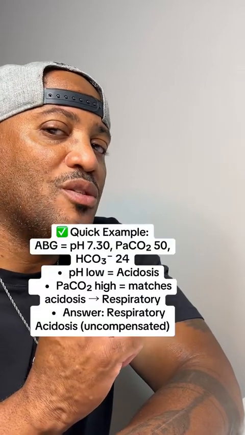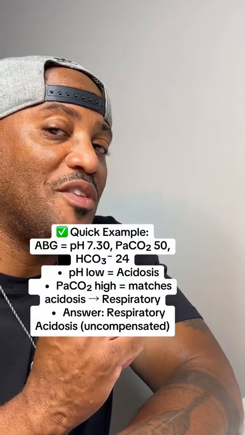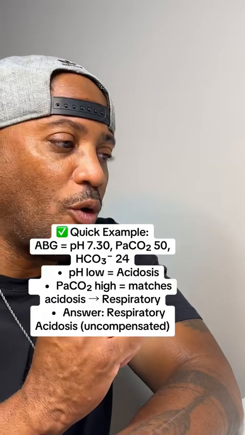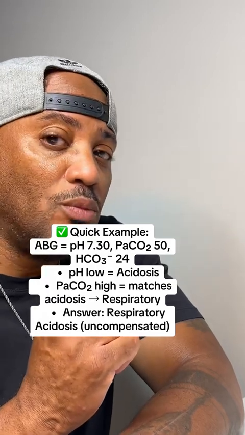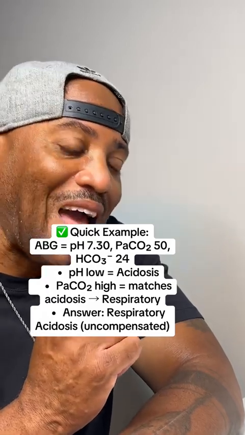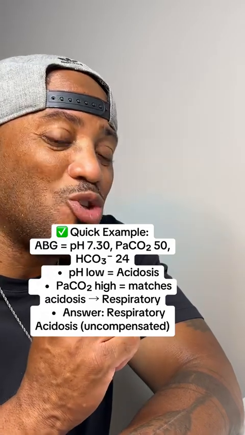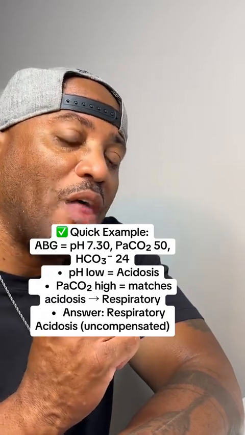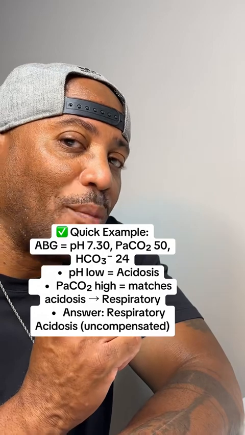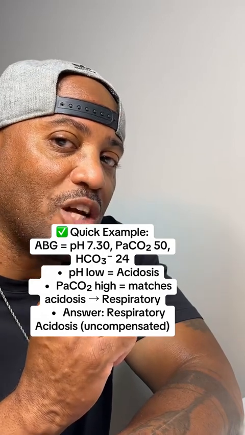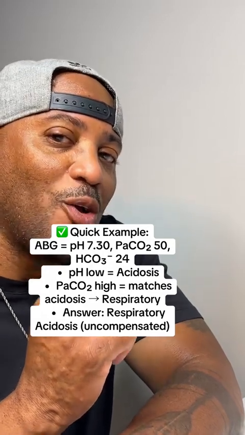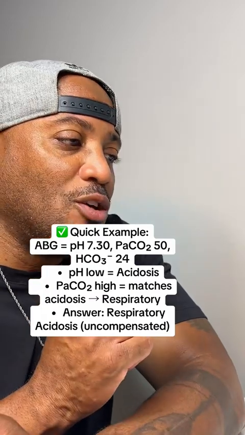You got an ABG here. Your pH is 7.30. Your PaCO2 is 50, and your bicarb is 24. Your pH is low, so we know that is acidotic. Your PaCO2 is high, so we know that is acidotic. When applying Rome, they're moving in opposite directions. This is respiratory related. So your PaCO2 is high.